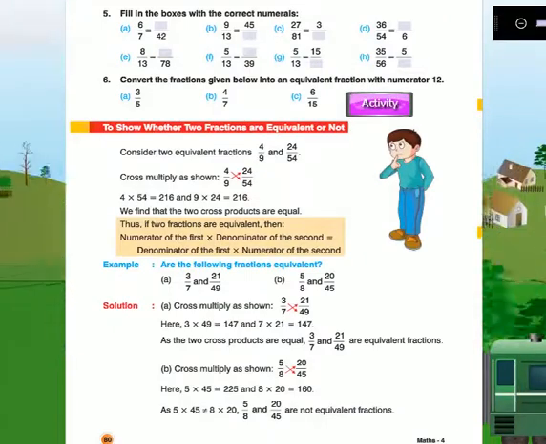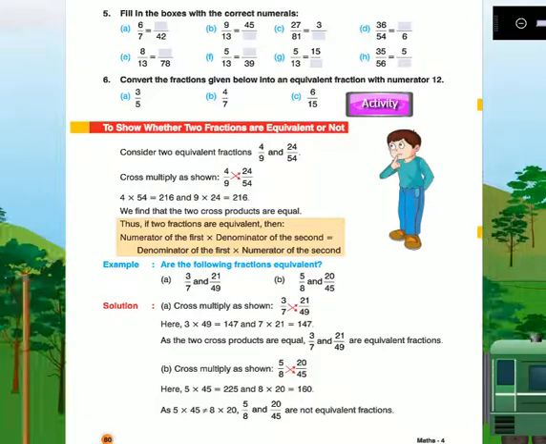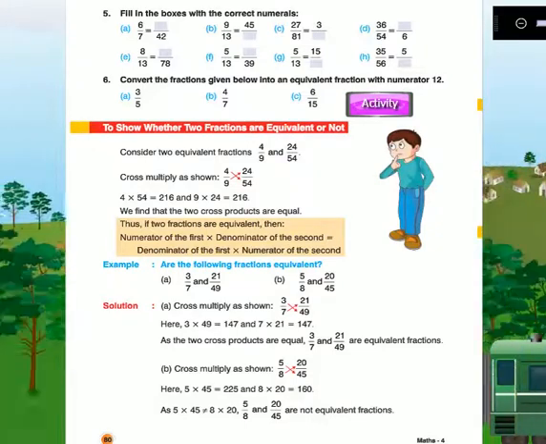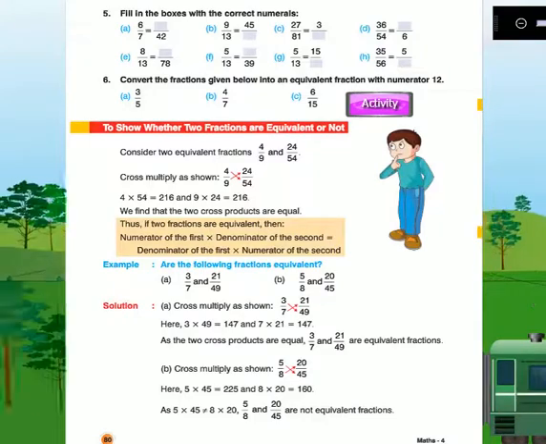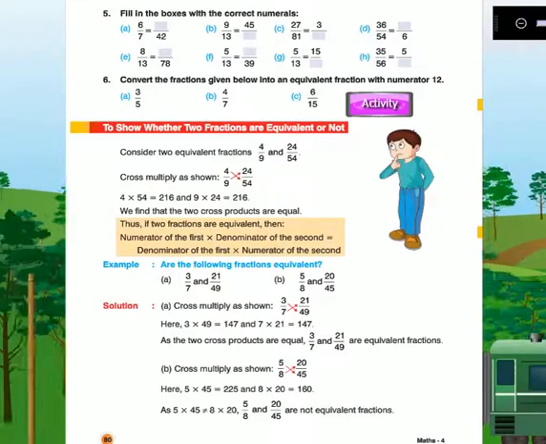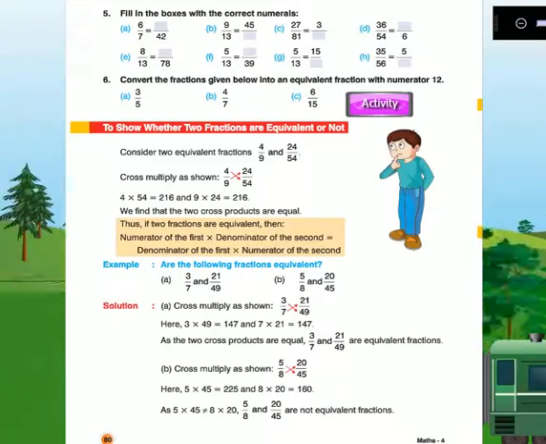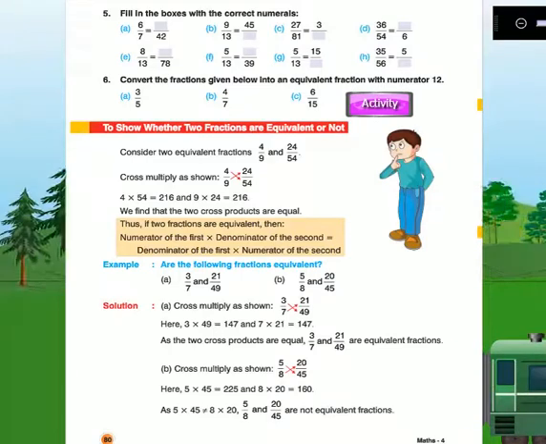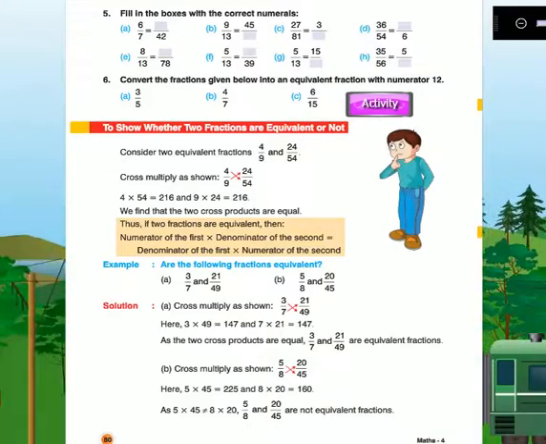To show whether two fractions are equivalent or not, consider two equivalent fractions, 4 by 9 and 24 by 54. Cross multiply as shown. 4 multiplied by 54 is equal to 216, and 9 multiplied by 24 is also 216.